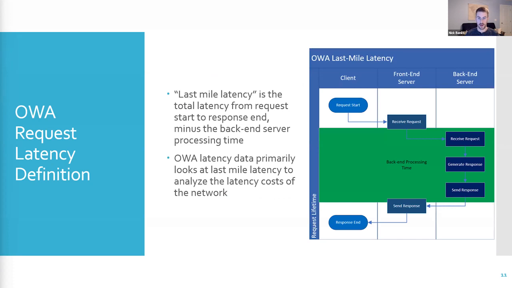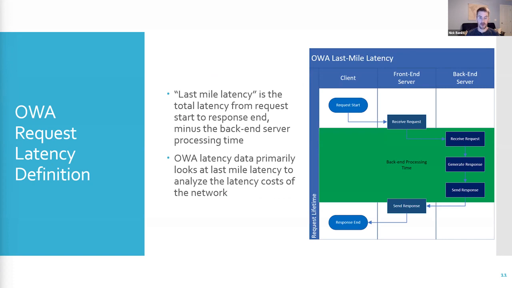Before we look at the actual data, I just want to essentially provide a definition here. So OA uses what it calls the last mile latency when comparing and analyzing latency data. Last mile latency is essentially the total latency subtract the backend processing time.